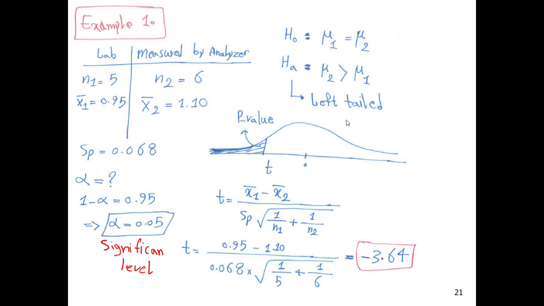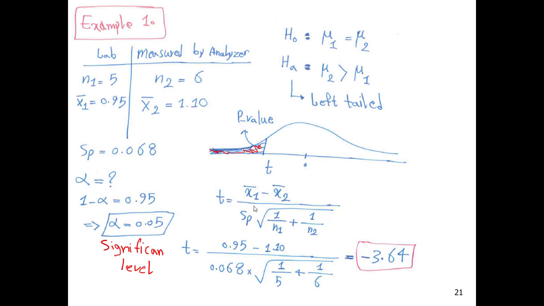If you look at the table, it's a left tail test. So I have to calculate t here. This is my t value here. Okay, so I have to find my p value from the table, but I have to calculate t first.